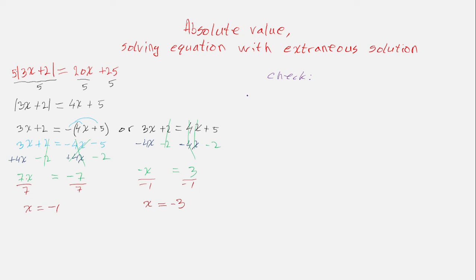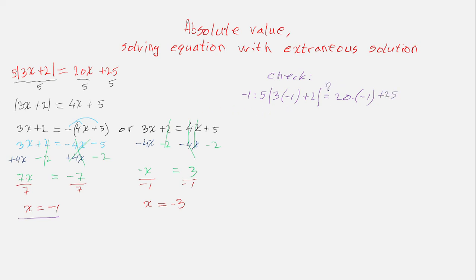Let's do it first with the -1. How do we check? Well, we just grab that number and put it everywhere we can find x in the original. So in our case, we copy the 5, start the absolute value, times, instead of x, we put -1, plus 2, close the absolute value, equals 20 times -1 instead of x, and then plus 25.